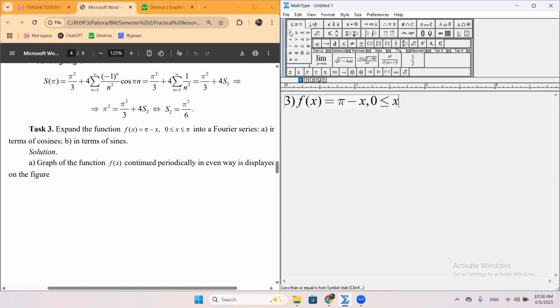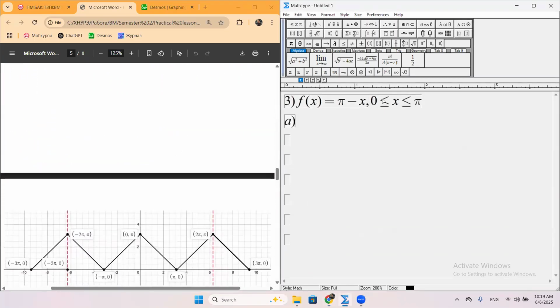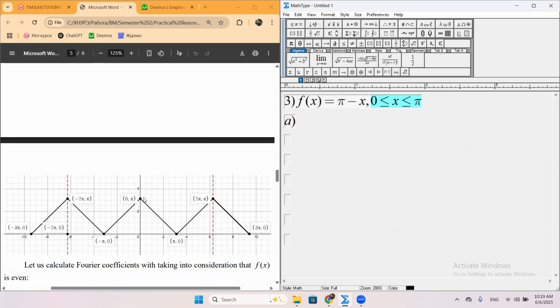So what does it actually mean? If we expand in terms of cosines, it means that we will continue the function f(x) in an even way. It will look like this. We have the condition that the function is defined on the segment 0 to p. So we will define it in an even way.